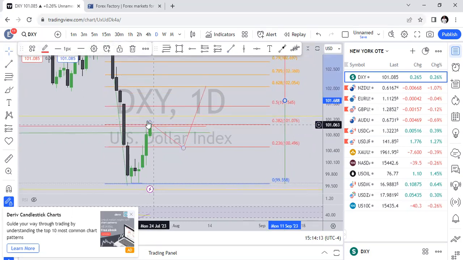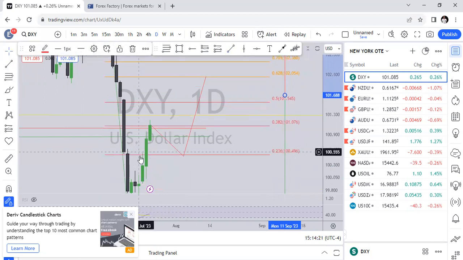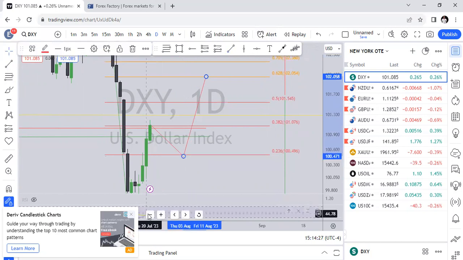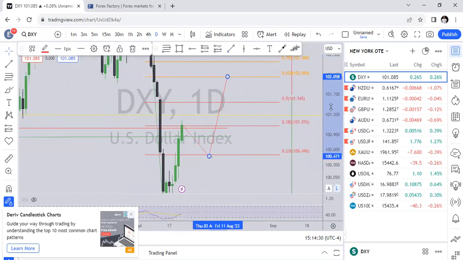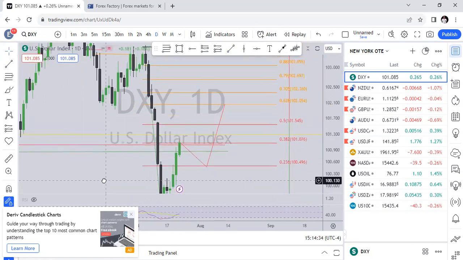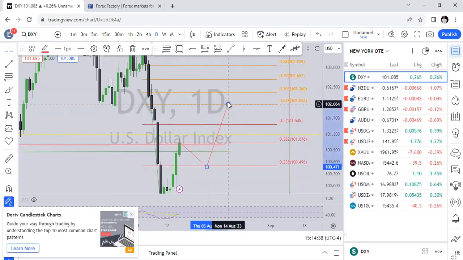If I want to see this retrace, I want to see this pullback come to this exact level, or maybe not more than that. So this is my projection for the dollar.